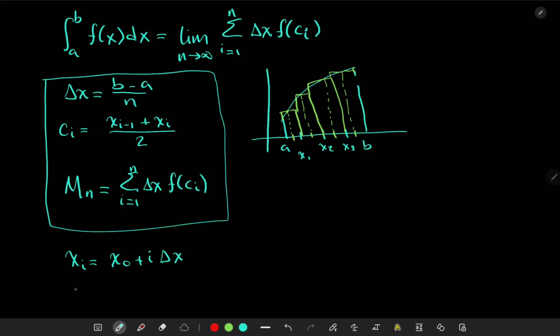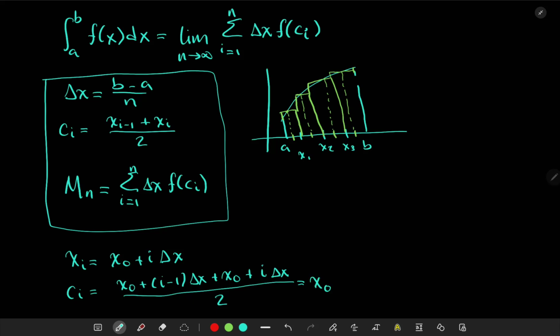So we can plug here: ci would be equal to x naught plus (i minus 1) delta x, and then that's this term here, plus x naught plus i delta x, all over 2. That's a lot of stuff. But you see, when you add x naught and x naught divided by 2, you get 2x naught divided by 2. That's still an x naught.